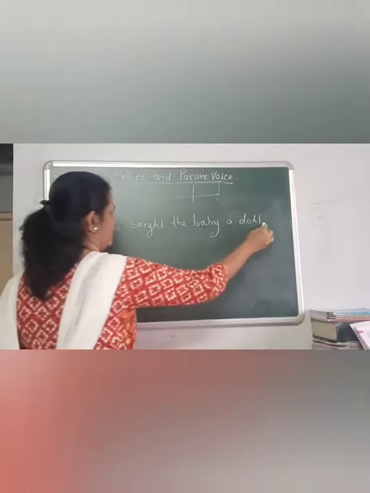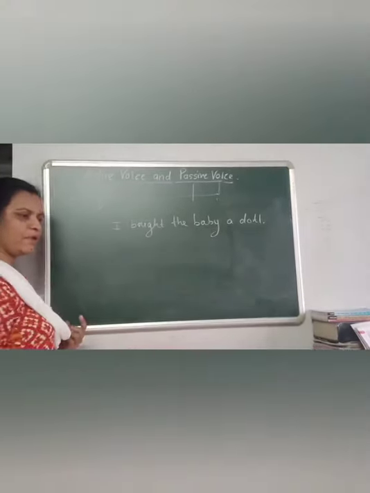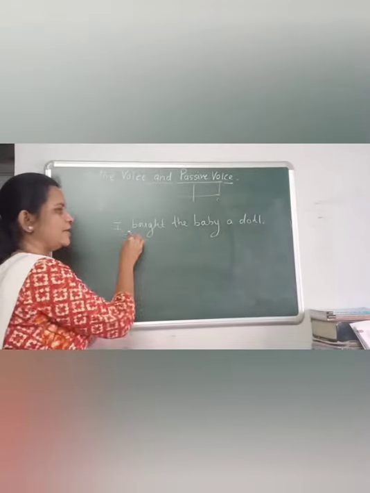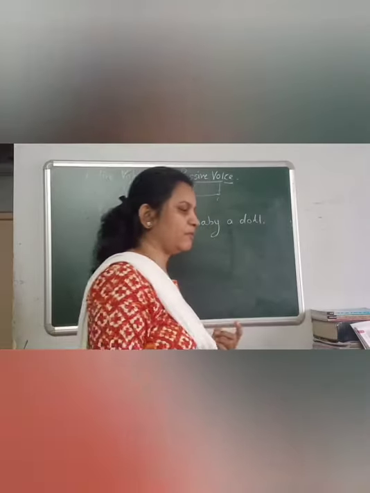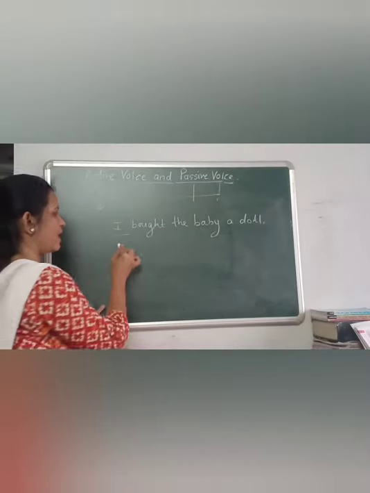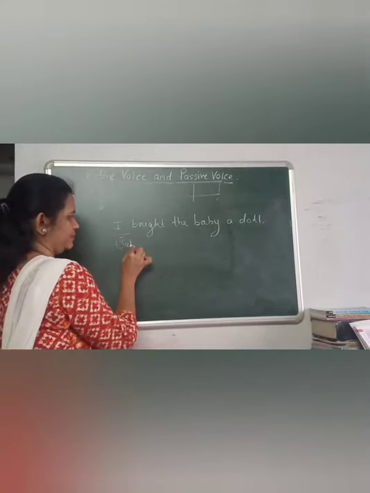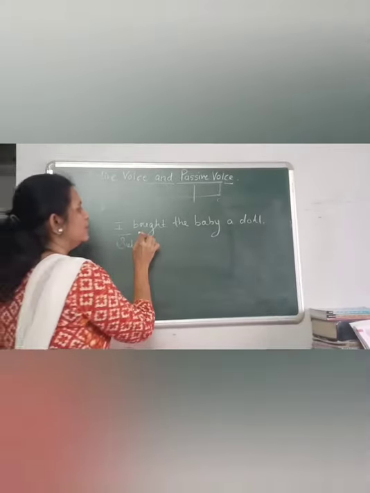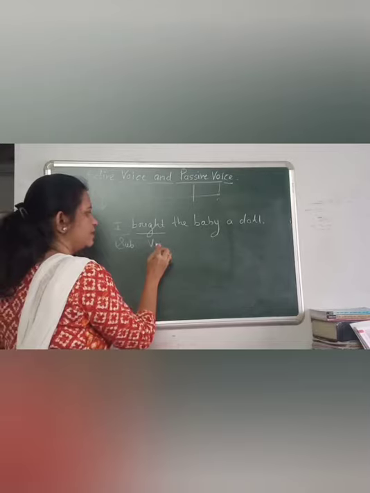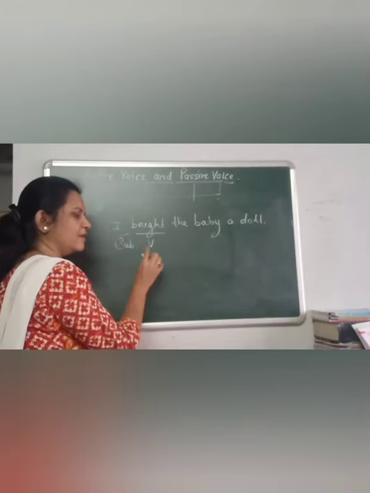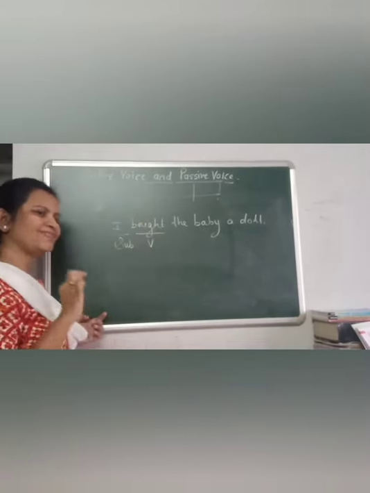Now see, here who is performing the action? I is performing the action. First person pronoun I is performing the action. And that is why I is the subject. Buy, bought, bought. Here the V2 is there, the verb is given in the past tense form.